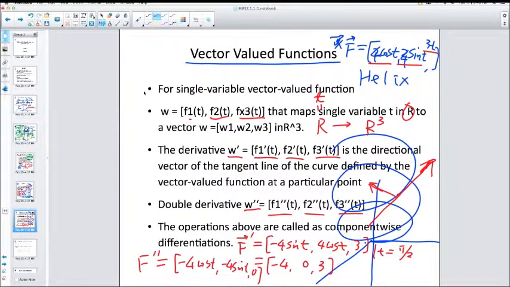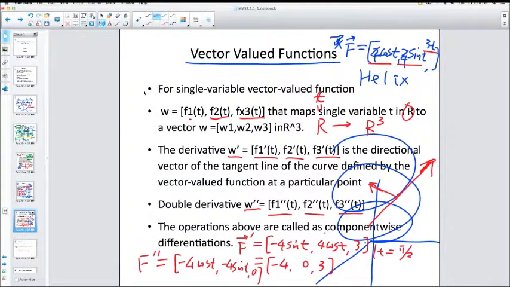And in physical science, you can think this is the centripetal force to hold it to rotate. Or in geometry, think about this as related to the curvature. So all have meaning. But this part is easy. You just do it component-wise, one by one.